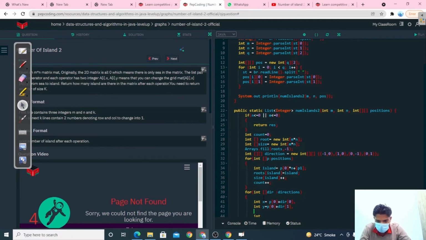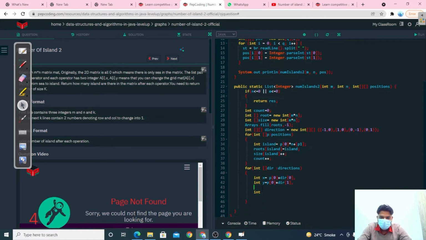And after that, we have to find out our neighbor. According to this XY position, we have to convert this into normal 1, 2, 3, 4, 5 because it comes with our row and column. So we have to convert this into normal 1, 2, 3, 4.